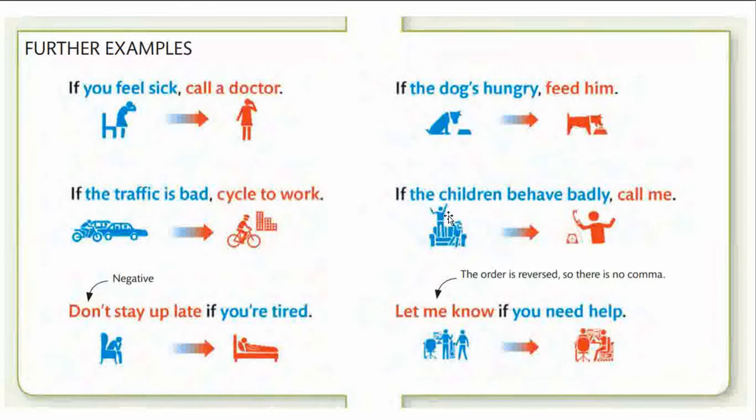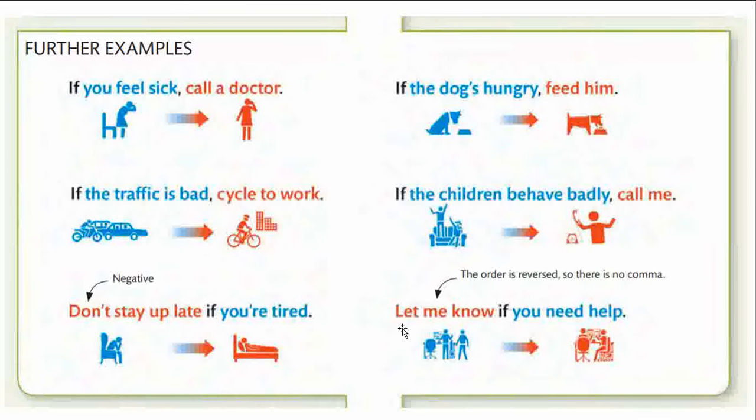Next we have: if the children behave badly, call me. Call me is the imperative sentence over here and the condition is if the children behave badly. So if the children behave badly, the person is supposed to call me. Let me know if you need help.